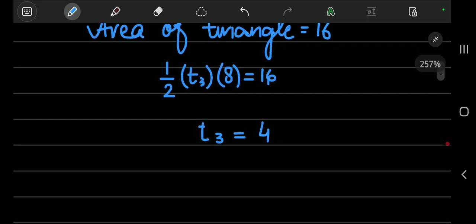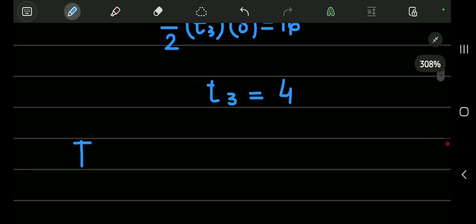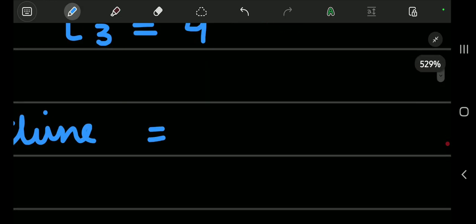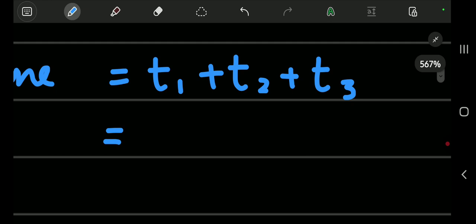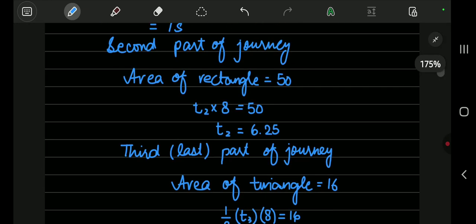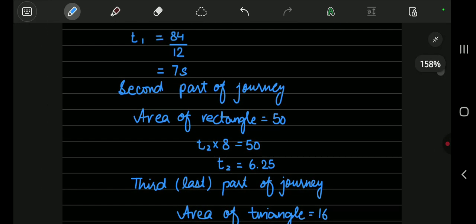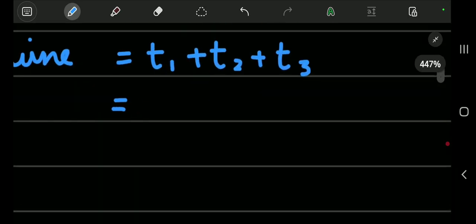So now the total time taken by the cyclist from the time when she passes through point O till the end of the journey will be the total time, and that will be equal to T1 plus T2 plus T3, and that is 7 plus 6.25 plus 4.